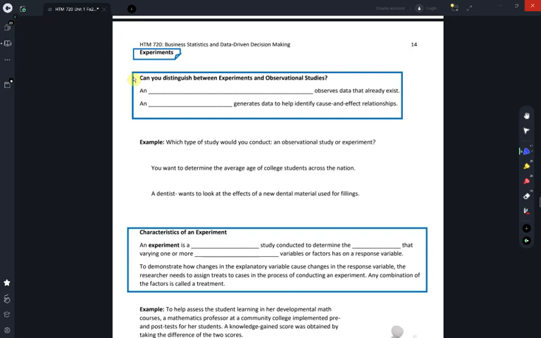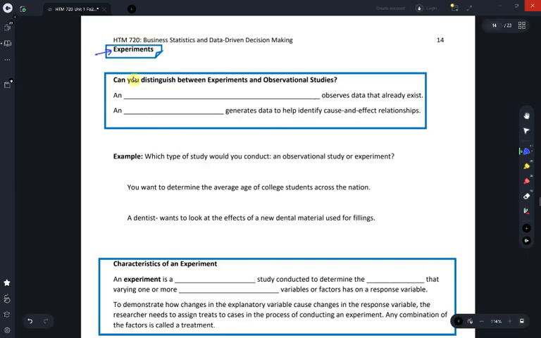Our goal is to delve a little bit deeper into the other type of method of collecting data, namely experiments. In the last video, we talked about observational studies, and so we want to start off on the footing of differentiating between experiments and observational studies.